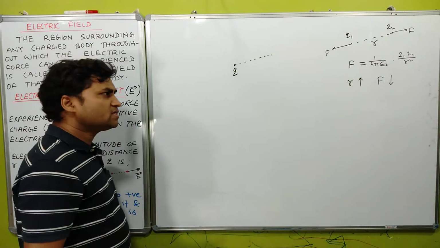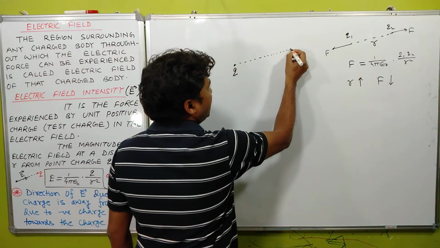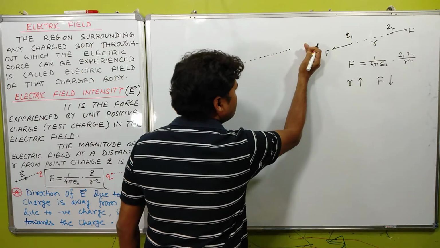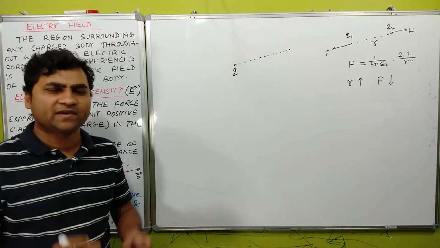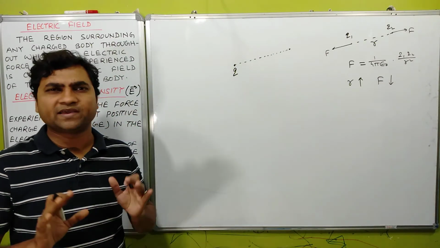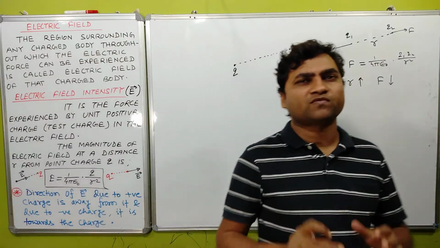Student, means you can see that there is a certain limit. After that distance, the value of force will become very less. So from here we can develop the concept of electric field.